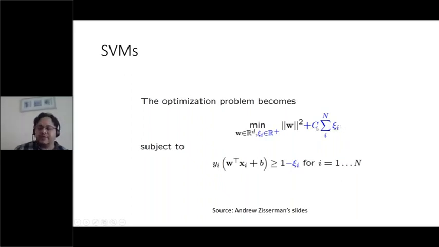When we multiply 0 by infinity here, it's always 0, by the way. So if we put a very large C, we do not tolerate any error. We are going to the hard margin SVM if C is very large, because this term will be very big, and anything that we modify in here can make it even bigger. So we are not going to tolerate any error.